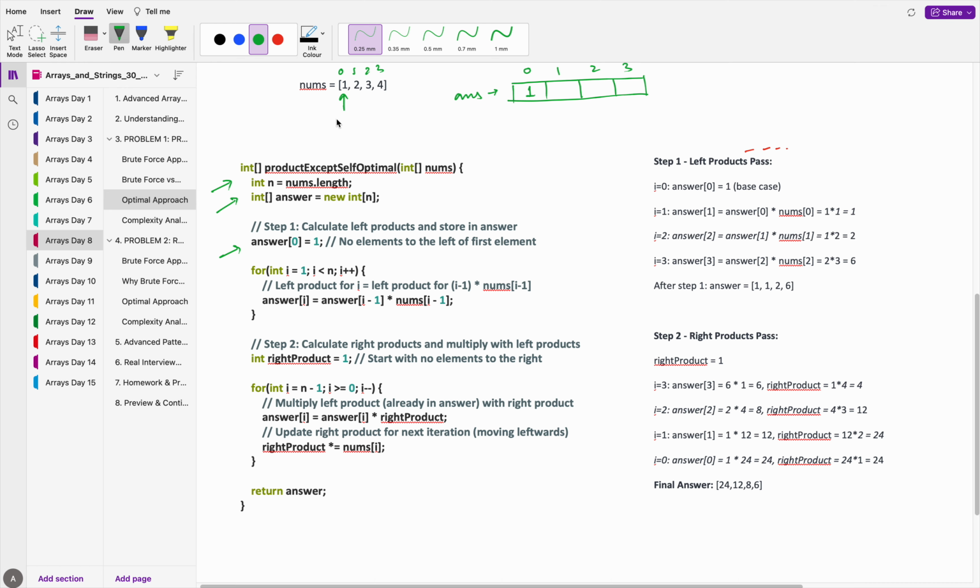Now if I start to calculate the rest of the left product from here and move forward, what will I be doing? For 2, the left product would be the left product of this fellow and this fellow itself. 1 multiplied by 1, 2.